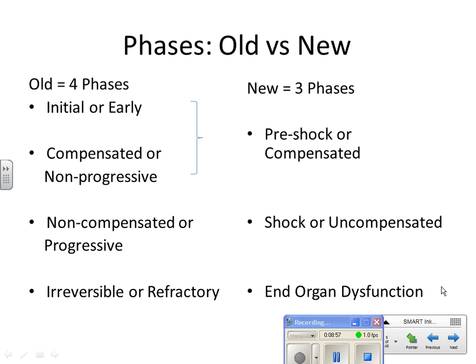So the phases are what the patient is going to go through as they progress through the stages of shock, and each stage is going to have certain signs and symptoms that are specific for those stages. That being said, it does not mean that there's going to be a line that says, okay, now we're on stage 1, and now I'm in 2.